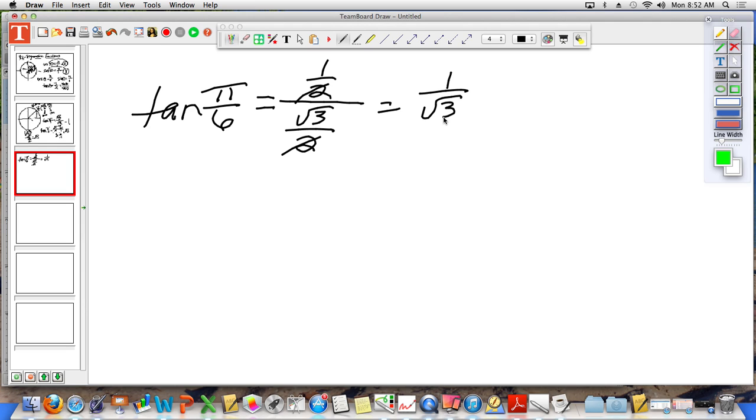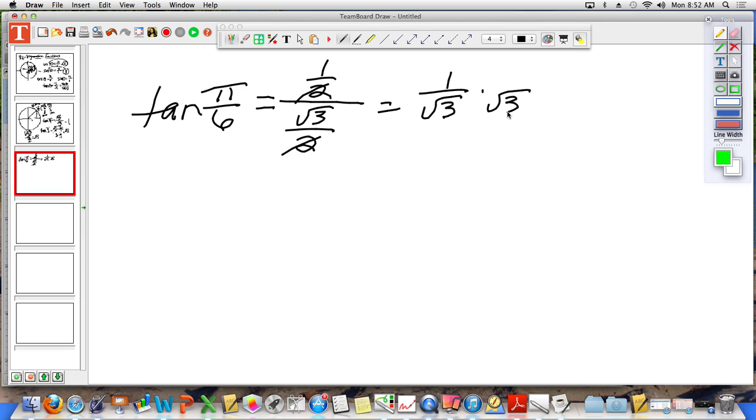So to get rid of it, this is what we're going to do. Follow these steps. It's not hard, but it may be new information to you. What you need to do is multiply the denominator by the square root of 3. But if you only multiply the denominator by the square root of 3, you have changed the value of the fraction. So if you multiply the denominator by the square root of 3, what must you do to the numerator?